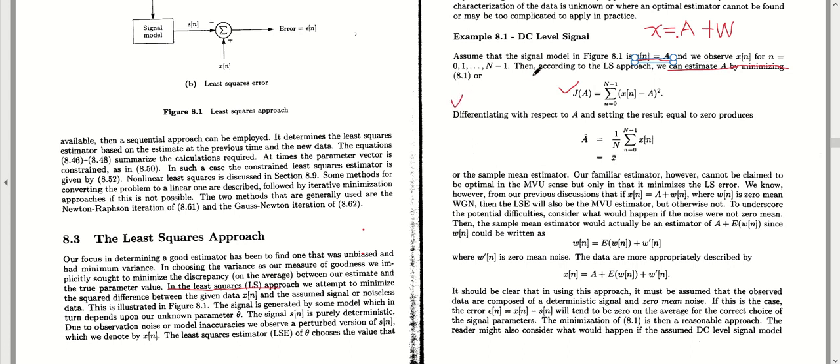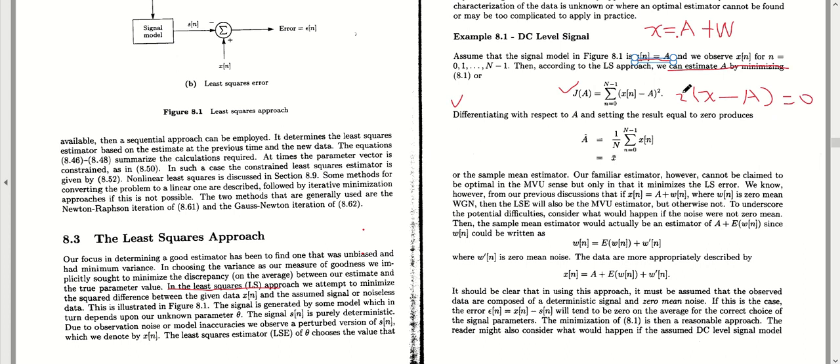The way is that we differentiate with respect to A and set the result to 0, that is, set the first derivative to 0. This is a common method for finding optimal values, maxima and minima. So when you differentiate, you get 2 times the sum of x minus A, equal to 0.